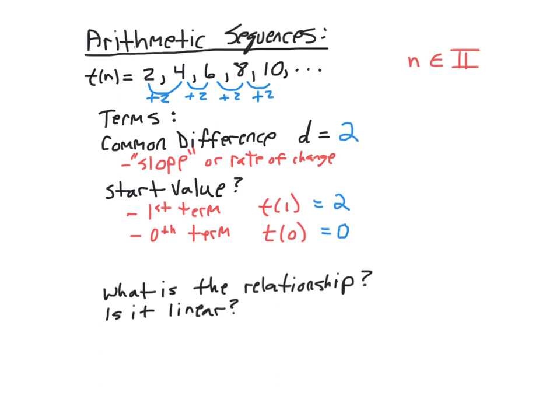We're always going to plug in integers starting from 0 moving up. And so we have n being an element of the integers. That's what this means up here, element of the integers. And it's positive.